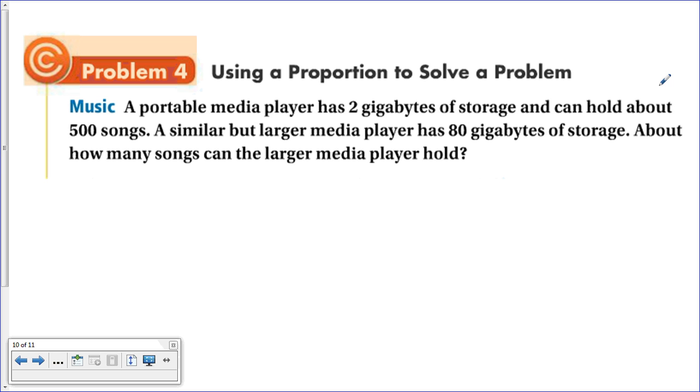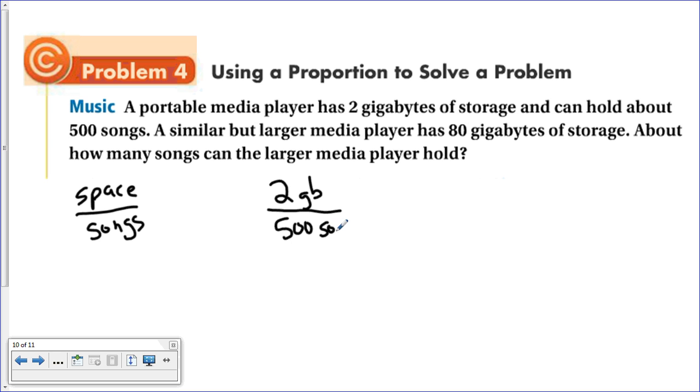So what are we comparing? Well, we are comparing basically space to the number of songs. And we could flip this, we could say songs to space, it doesn't matter. So the first one, the space is 2 gigabytes over 500 songs.